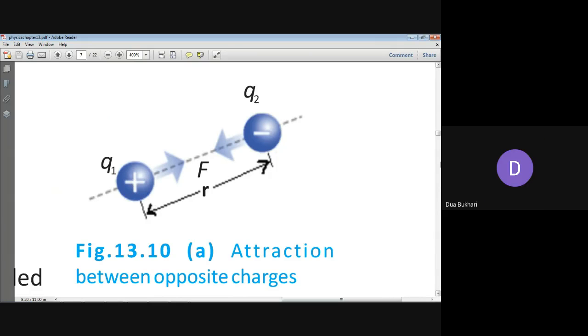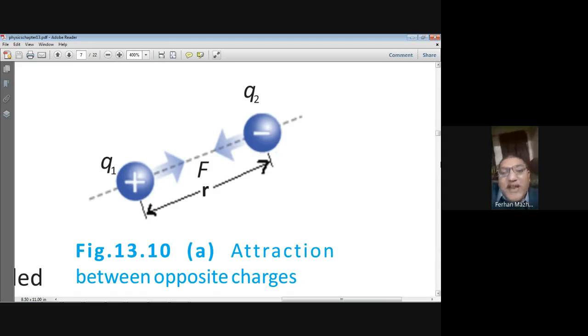So it means the larger the amount of charge on the bodies, the stronger the force of attraction or repulsion. The more the charge on them, the more the force between them. The less the charge, the less the force. With the distance, the relationship is opposite.